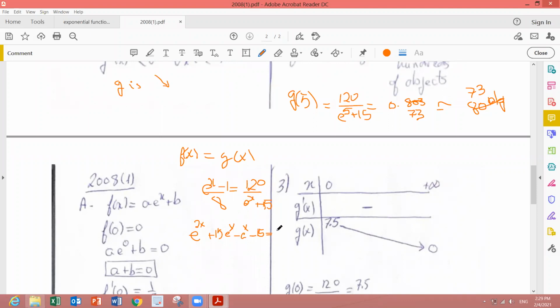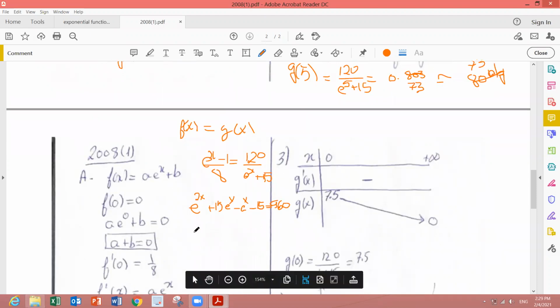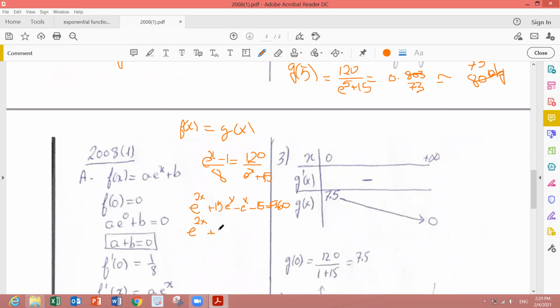How much? We get 960. Then we get e to the power 2x plus 14 e to the x minus 975 equals 0. How to solve this equation?